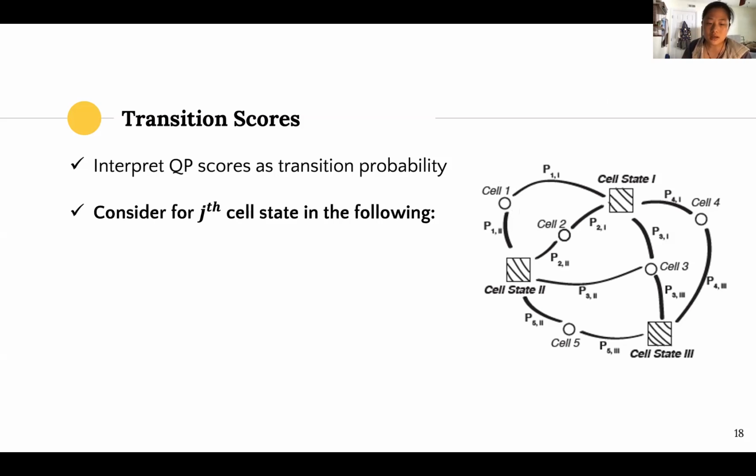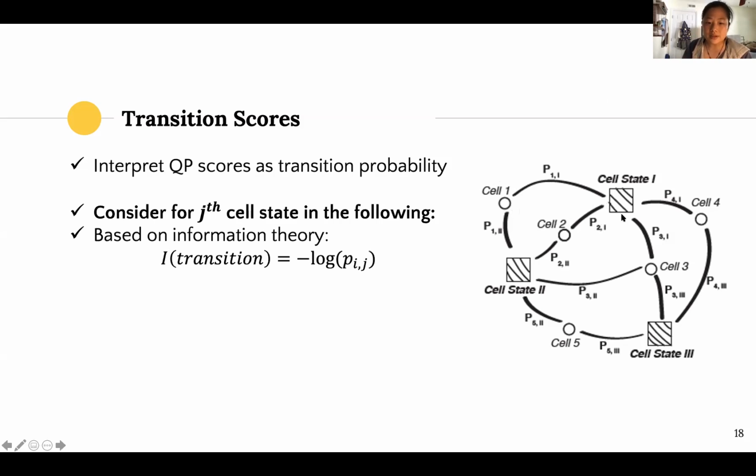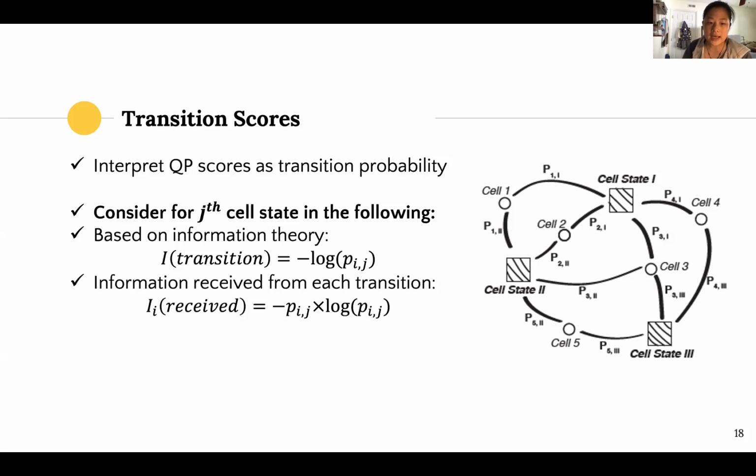So consider one cell state in the following, for example, cell state 1 here. Based on information theory, the information of each transition is equal to the negative log of each transition probability. The information received from each transition of the cell state can be calculated by multiplying the information of the transition by the p-value.